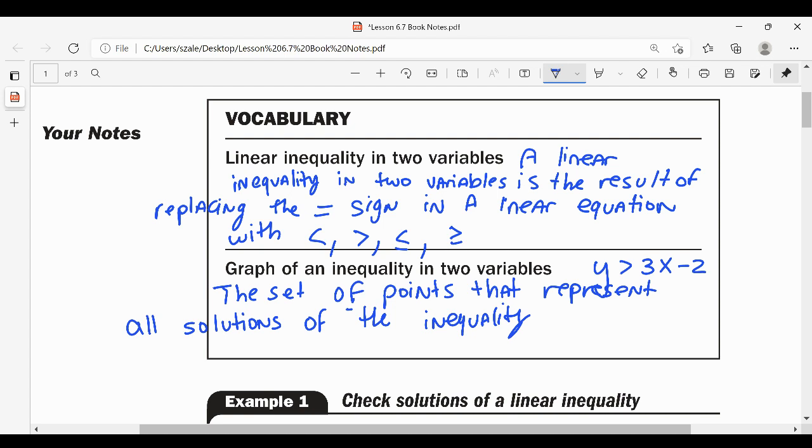Before we might have said that x was greater than 6, but now because we have two different variables, we're going to put this on a graph. And when we put this on a graph, it's going to look something like this, where we say all y is greater than that line, and we're going to shade above it because that's where all the y values are bigger than.